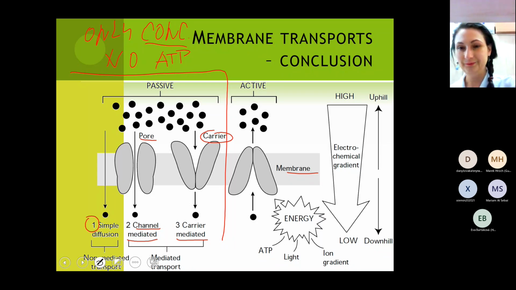Okay, the second type of transport is called active transport. It means that the particles are moving against their concentration gradient, from the lower concentration to the higher concentration. And you feel that it's not really natural. Just try to imagine the situation.